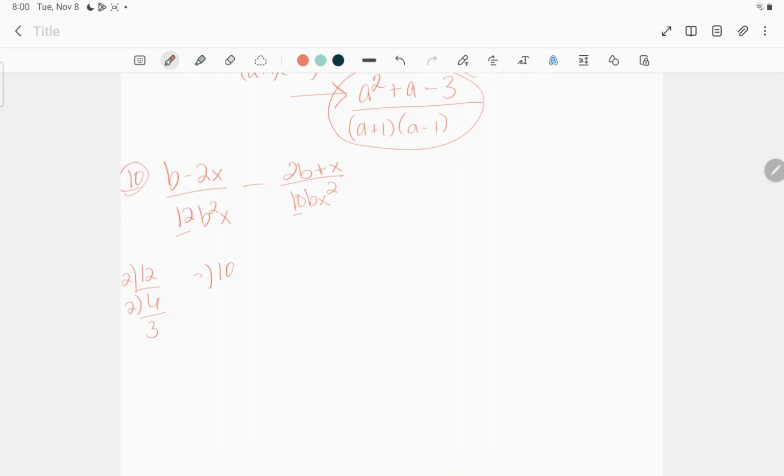So go to 10. 2. That gives you 5. So 5 appears one time. 3 appears one time. And your 2 appears 2 times. So 2 times 2 is 4. 4 times 3 is 12. And 12 times 5 is 60.